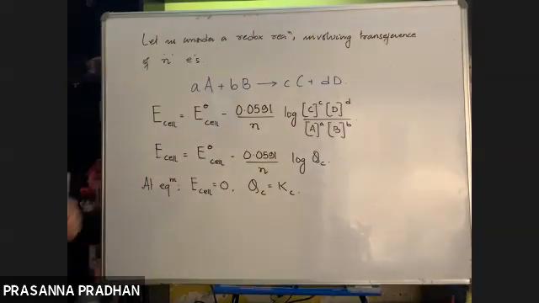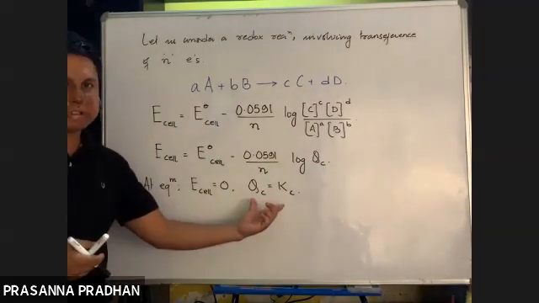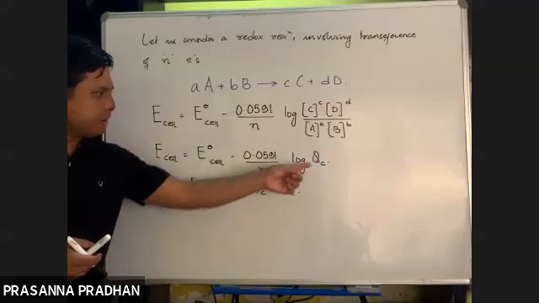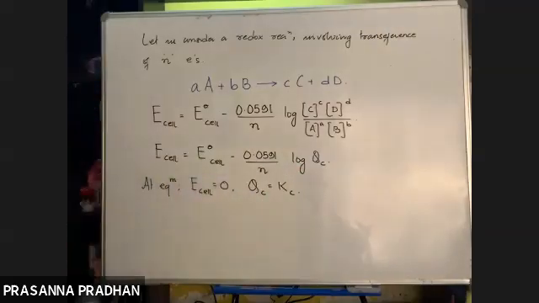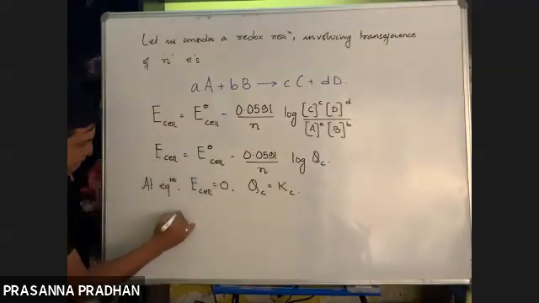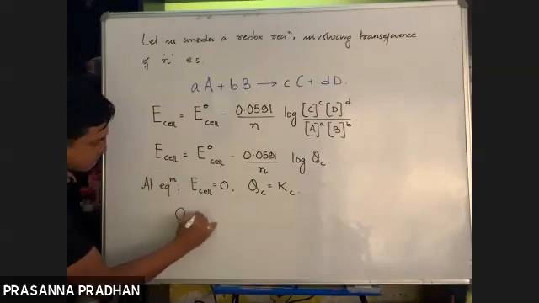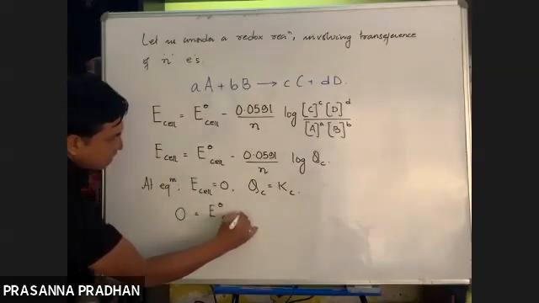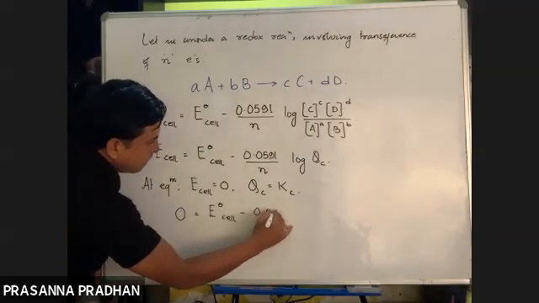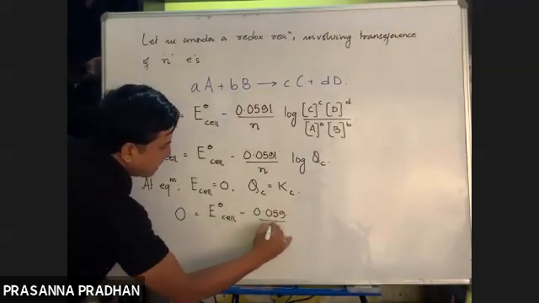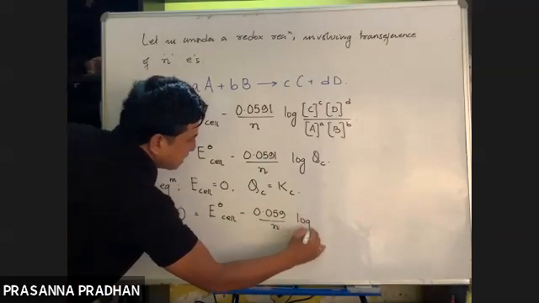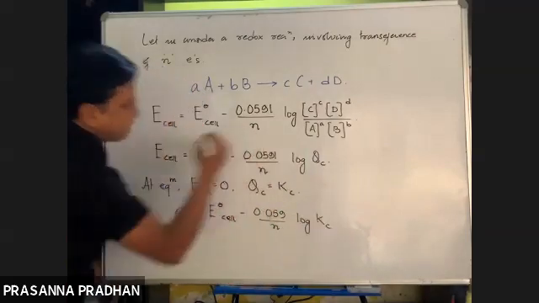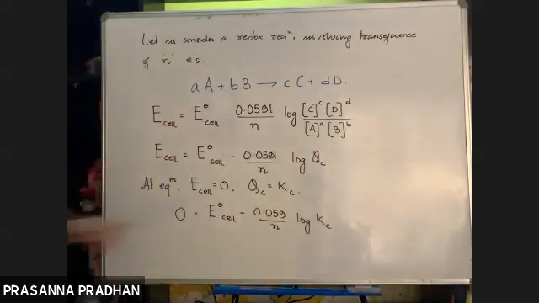So this is the continuation of the class 11 part. So at equilibrium, E cell is 0, which equals E naught cell minus 0.059 divided by n, log Kc, not Qc.